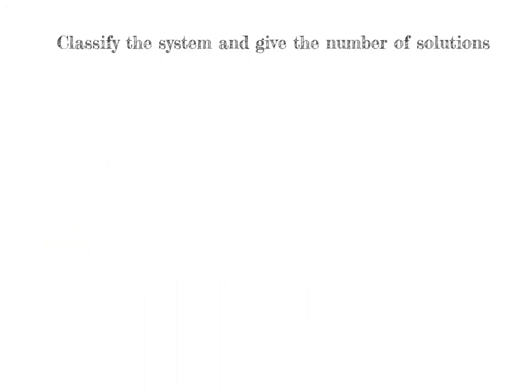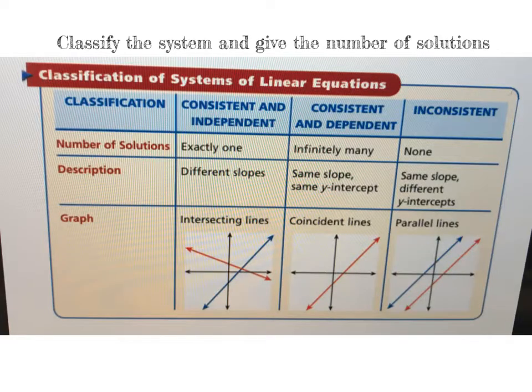The last part of the unit was asking us to find the names of the types of solutions that we get. So, as a quick review, these are the types of solutions that you can get. If you get one solution, in other words, you get 1 point, then it's called consistent and independent.